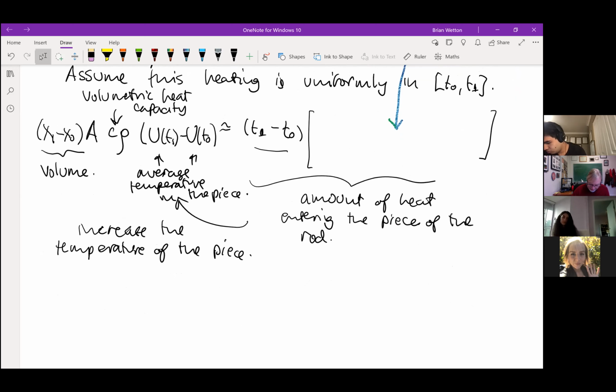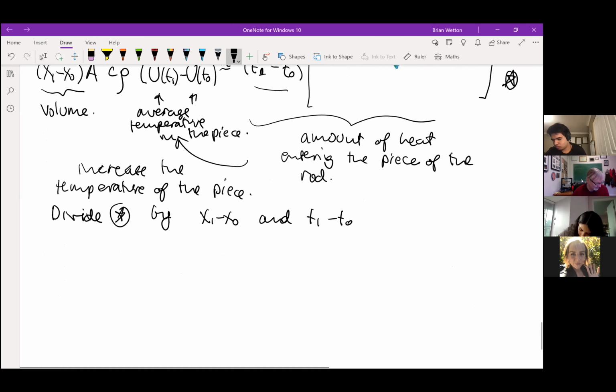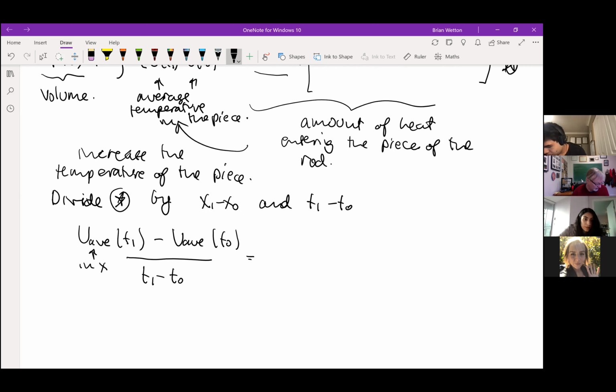Okay, so now I'm going to divide this thing by x1 minus x0 and t1 minus t0. And what am I going to get? I'm going to get the average temperature on the, this is the average in X. I'm going to get K divided by C rho.